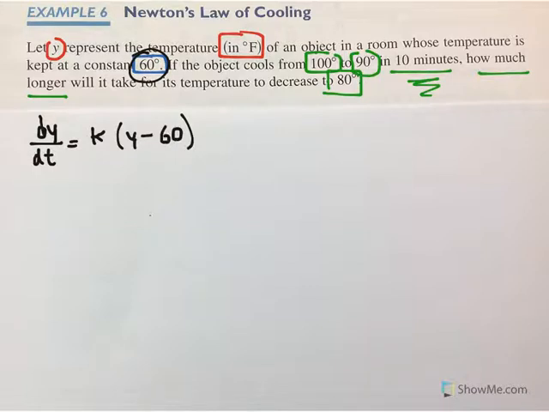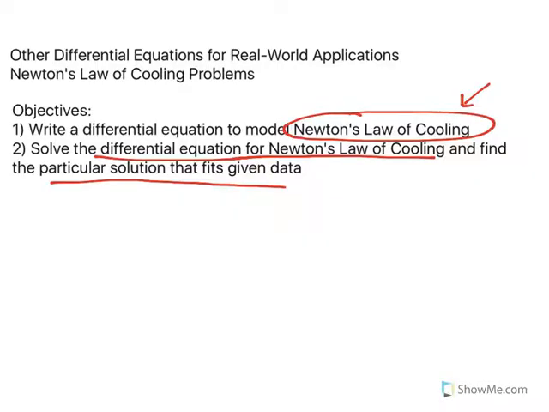So what is it that we need to do in this problem? We've done objective 1. We've already written a differential equation to model Newton's law of cooling. So what we need to do now is solve the differential equation for Newton's law of cooling. That will give us what we call the general solution.